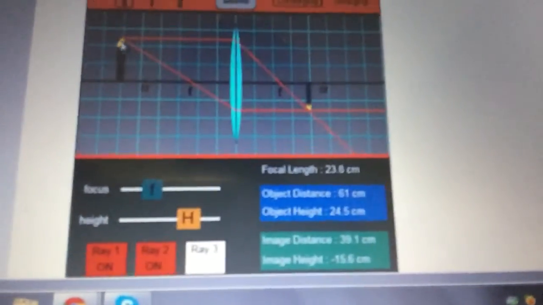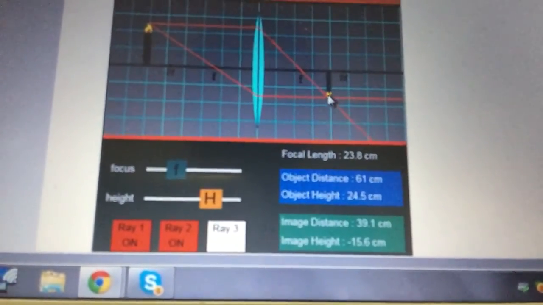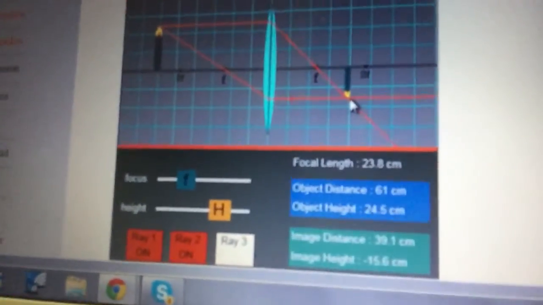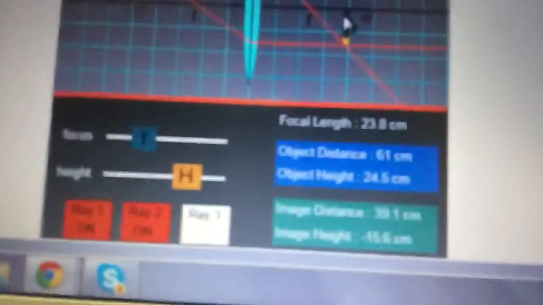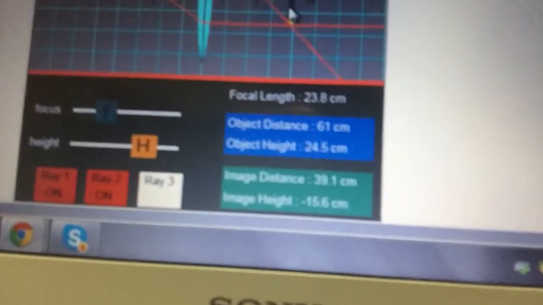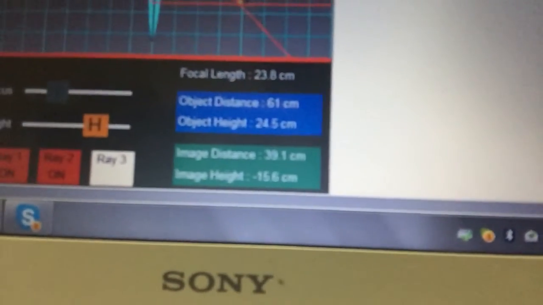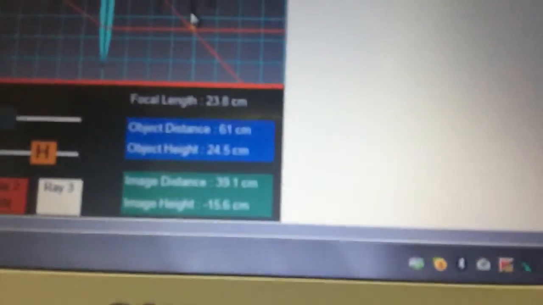As we're considering the top of the candle, the place where they will meet is where the top of the candle forms as an image, and thus we make this our image. Remember, in this case, the image is actually formed and could be caught on a screen. Thus, we have an image which is called a real image, which is not virtual or any trick of the brain or eye, where we feel that the rays are coming from that point.